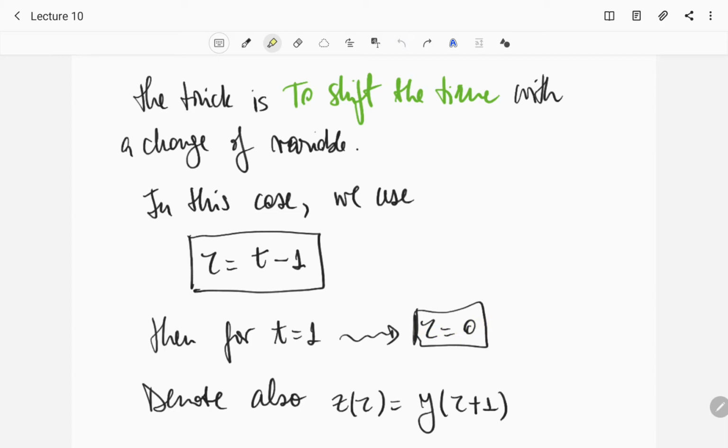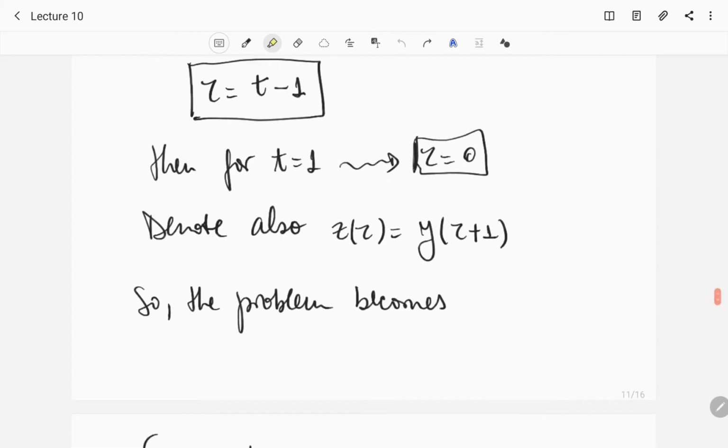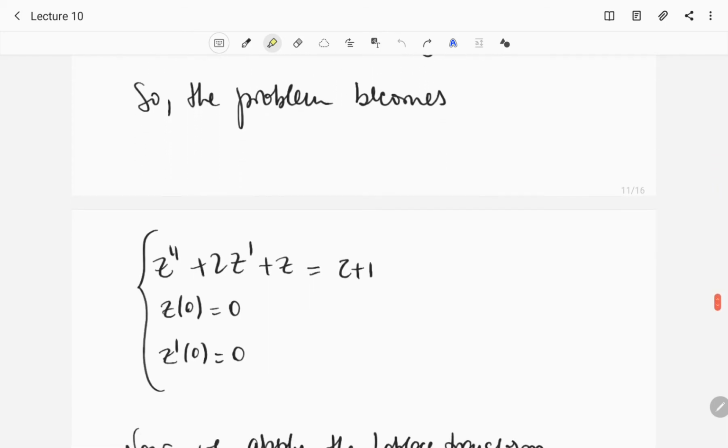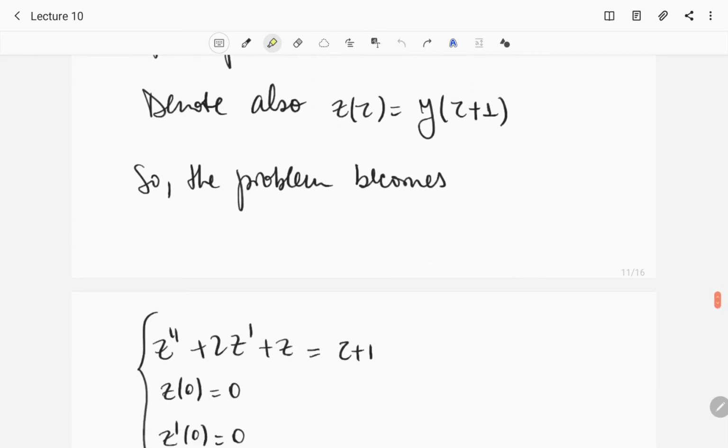We can also denote theta of tau as y of tau plus 1. So the problem becomes this new ODE with these two initial conditions, which are given now at 0 because of this change of variable.